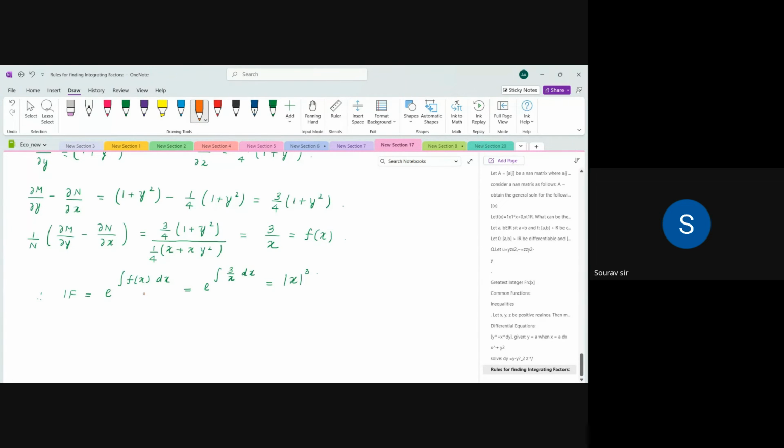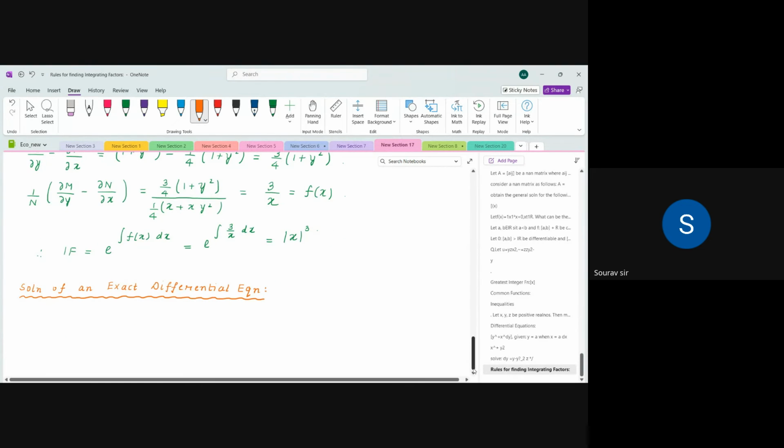Now, once you make it an exact differential equation, how do you calculate the solution of an exact differential equation?